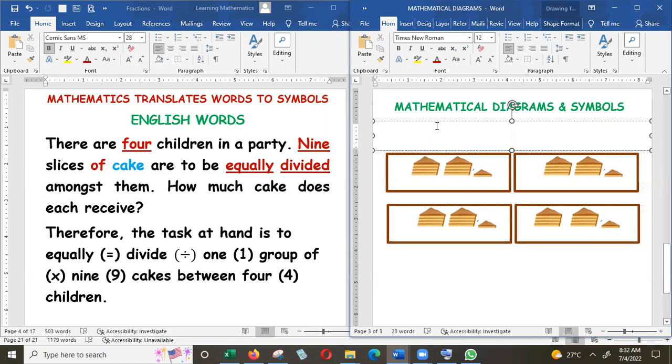So therefore we can clearly say that, let's start with the wording that was there and translate it to symbolic form.